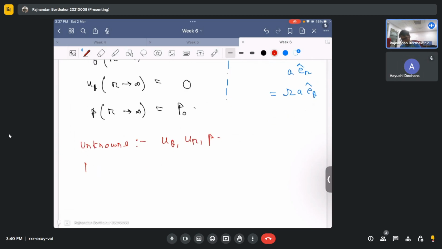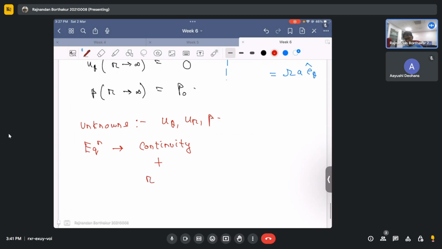And how many equations do we have? Three equations. What are these three equations? Continuity equation and momentum in r and theta. Exactly. So we have continuity plus r direction momentum and theta direction momentum, which are basically the Navier-Stokes equation.